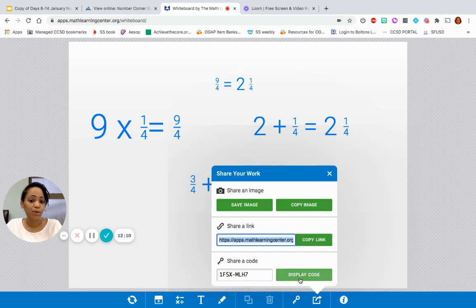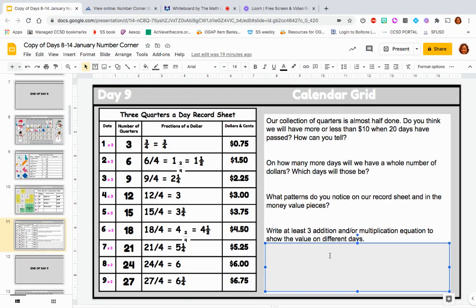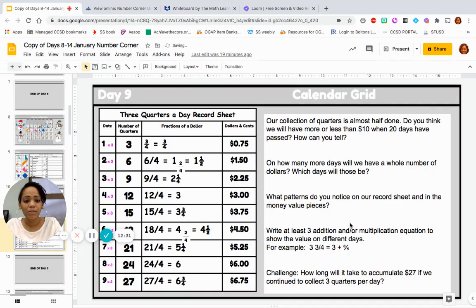So you can either share the code with her, you can copy the link and share the link with your teacher, him or her, or you can save the image if you're on a Chromebook or an iPad, and then send in your work however your teacher collects your work virtually. Okay? So that's what I would like for you to do, and that's going to end our number corner for today.